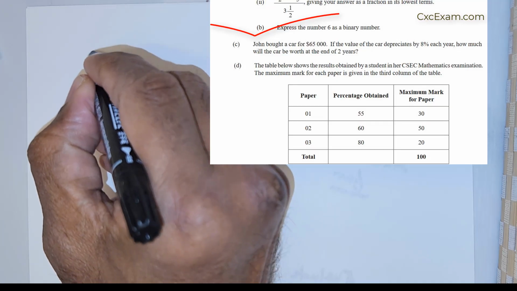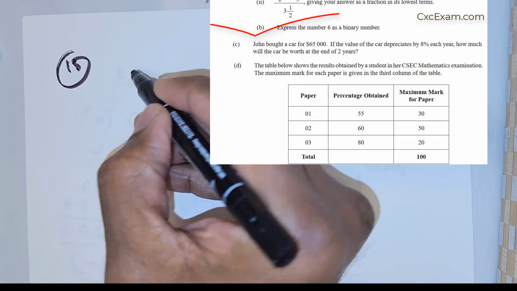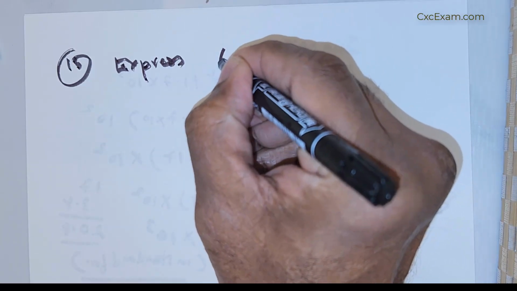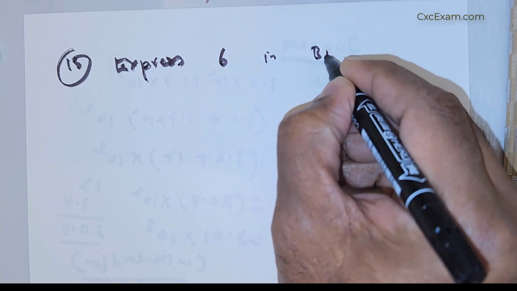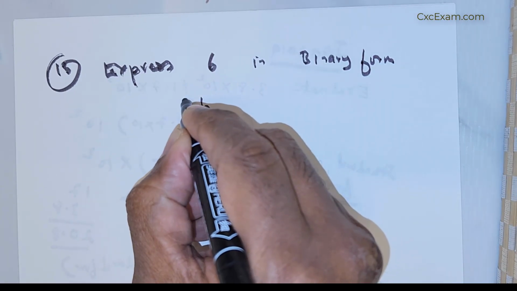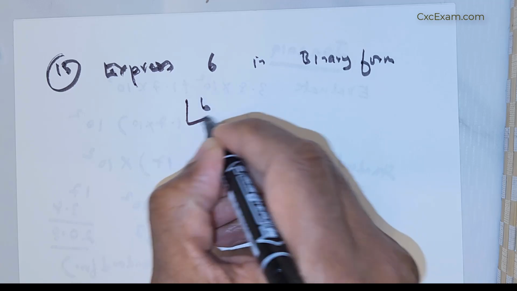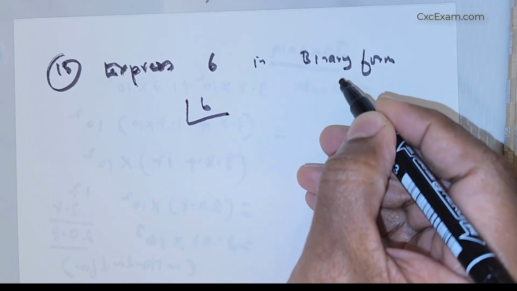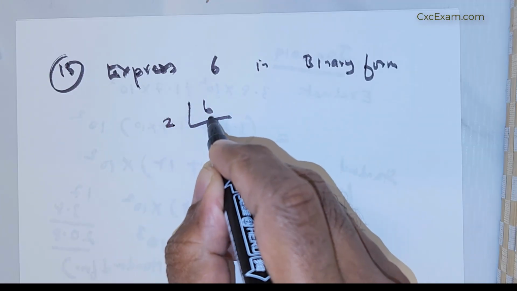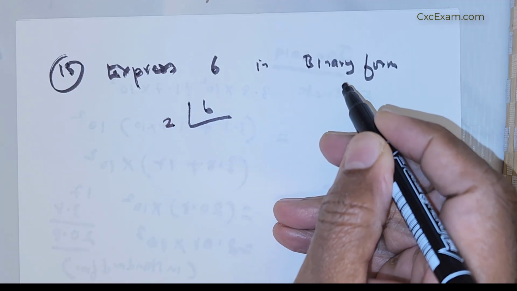Now this is 1b. You are asked to express 6 in binary form. If they ask you to express it in binary form, you will have to divide that number by 2.